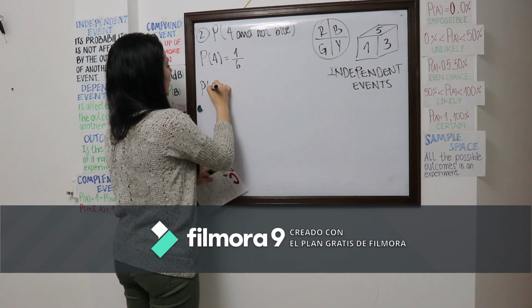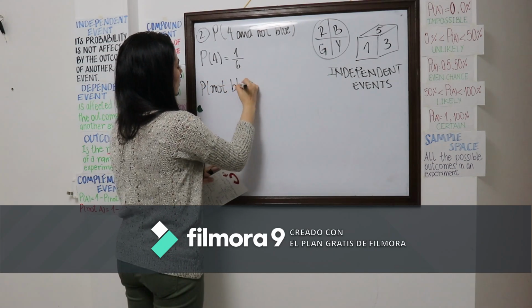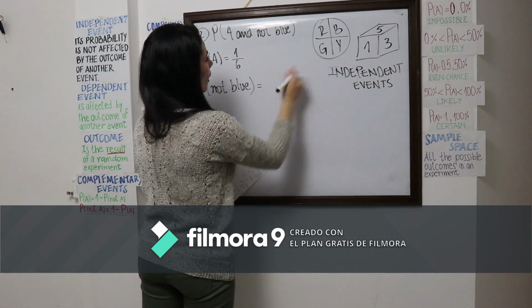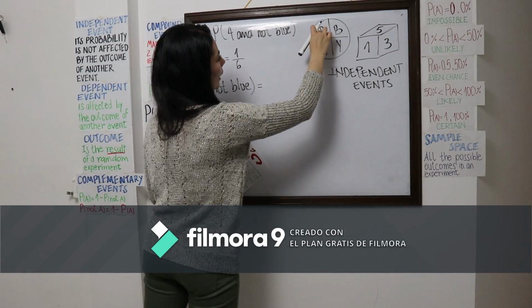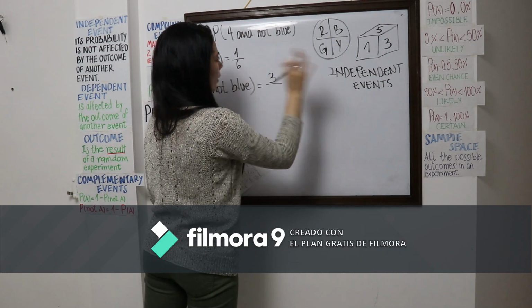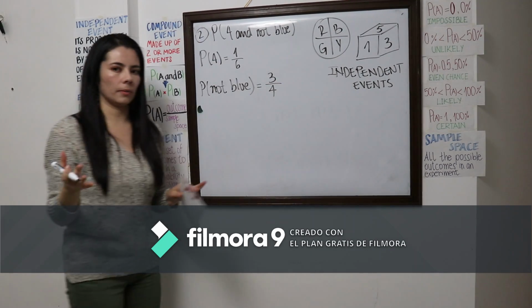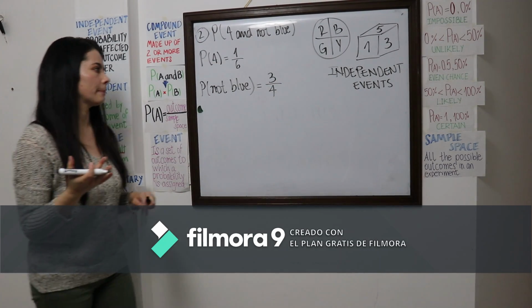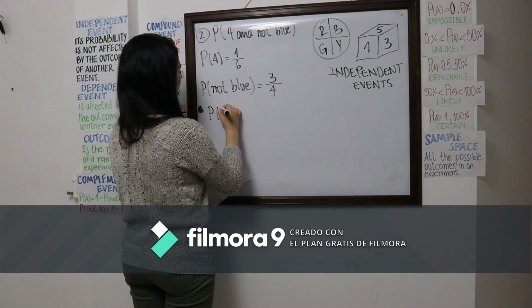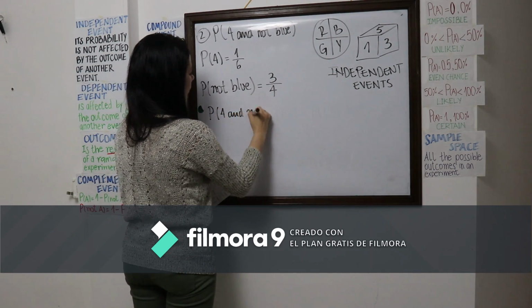And then the probability of not blue. Well, think about the spinner. What is not blue in the spinner? Red, green, and yellow. So I have 3 options that are not blue out of 4 possible options, which is the sample space.